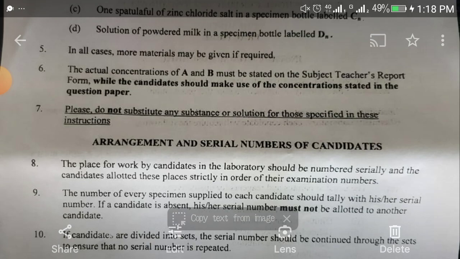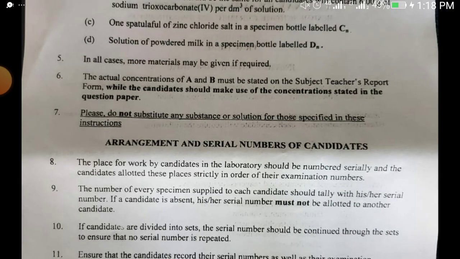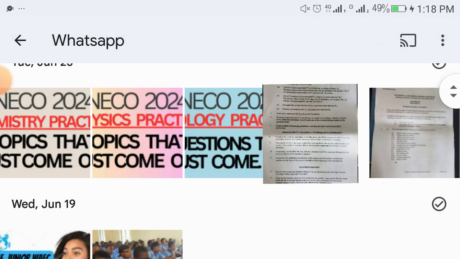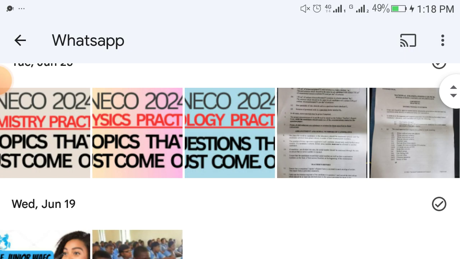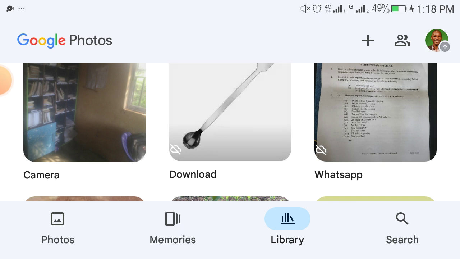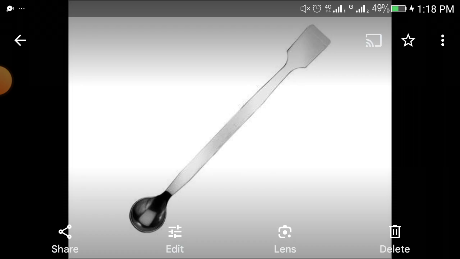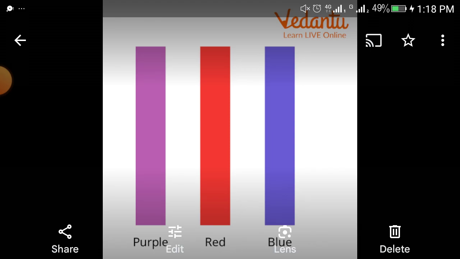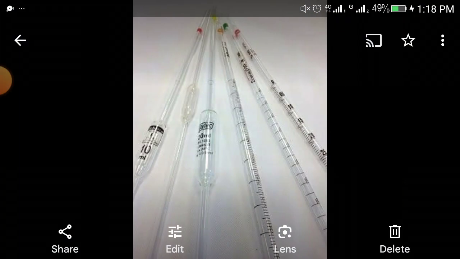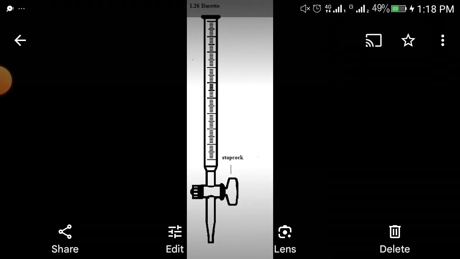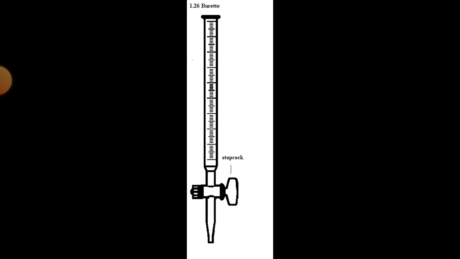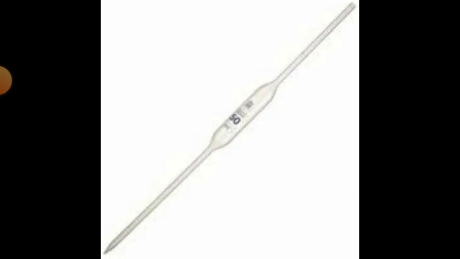Before I continue to the other page, I will take you to see some of those materials I just mentioned. So just pay attention. Remember that in the previous video, I mentioned that you will need litmus paper. Now, what you are looking at is what we call a burette. You must have seen it as a science student, in your laboratory.